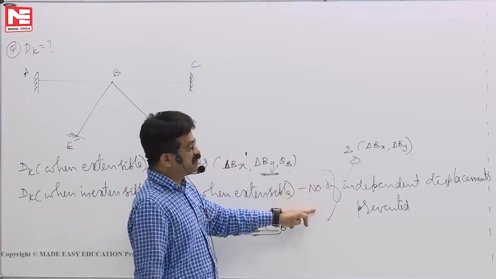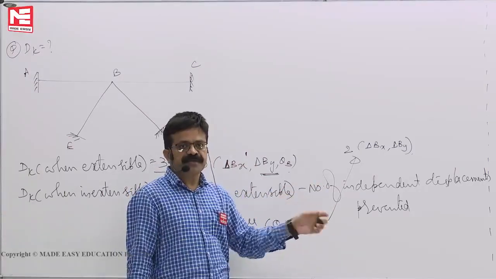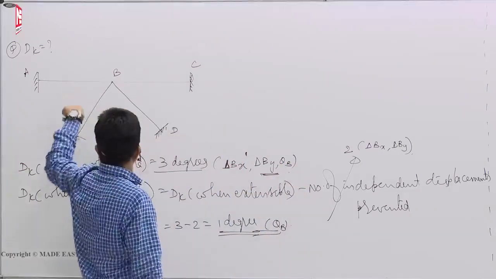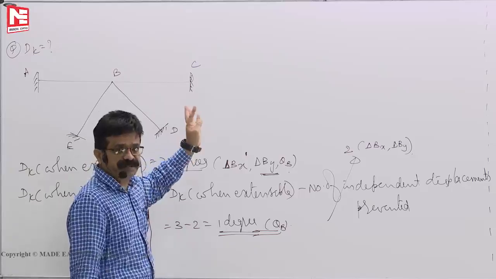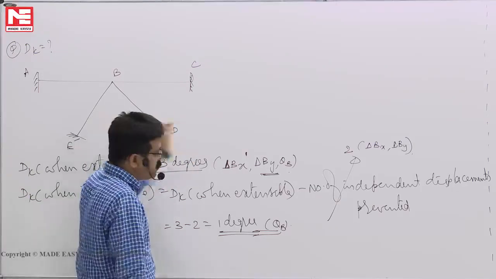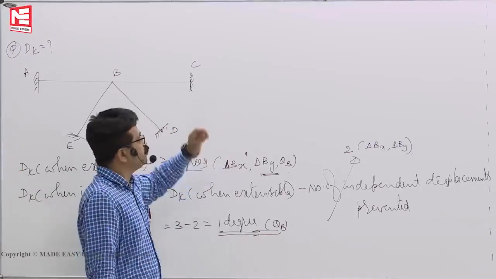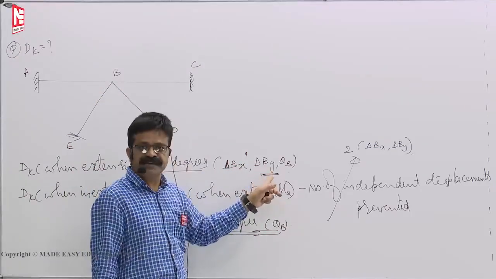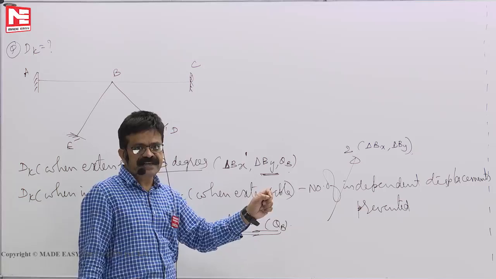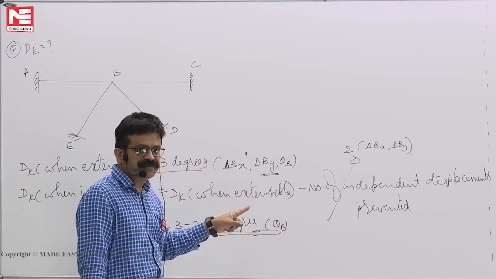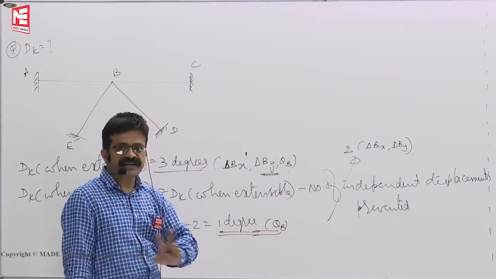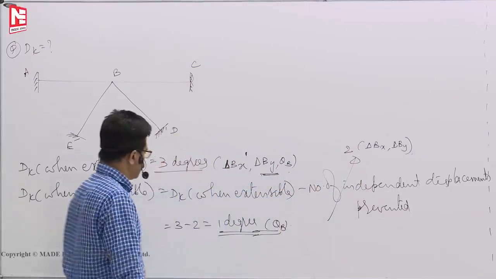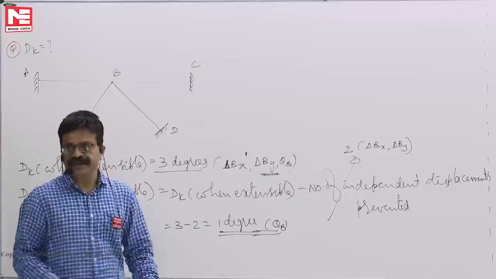Here 4 members are there, but you cannot subtract 4, because the displacements are not independent, even the linear displacements. If I know delta Bx and delta By, the other deformations you can find. So you subtracted only 2, leaving 1 degree.